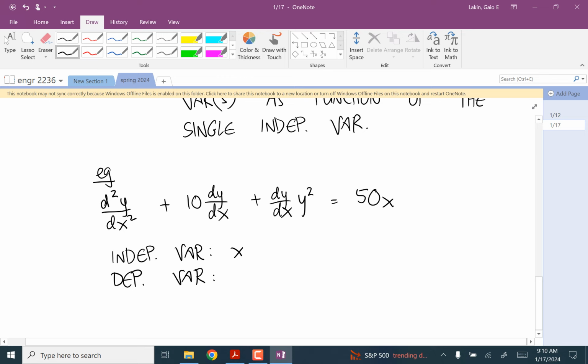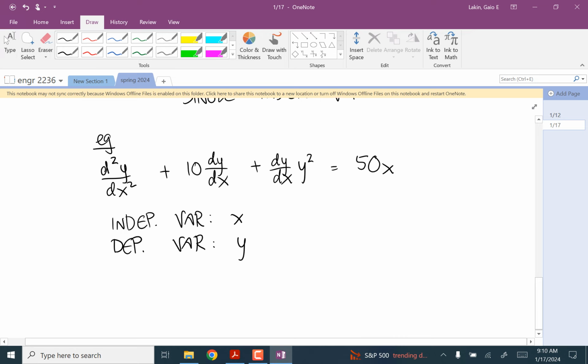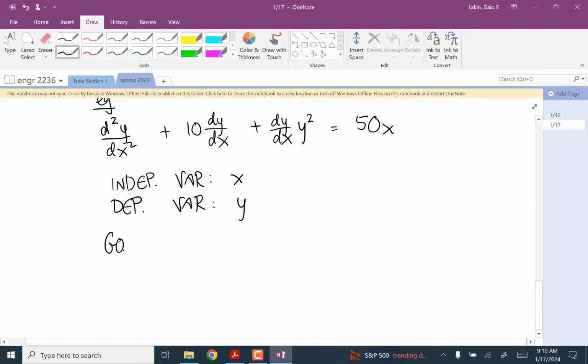Our dependent variable is y, and so our goal is to find y as a function of x. Okay, so y is equal to cosine of 1/2 x, whatever. We're trying to find that function. We're not trying to find a single value of y or anything like that. We're trying to find a function. Okay?